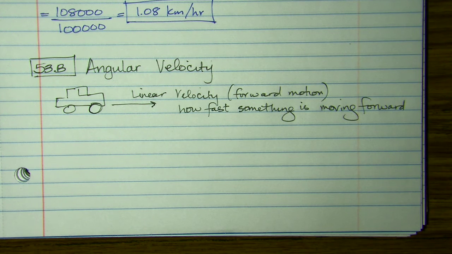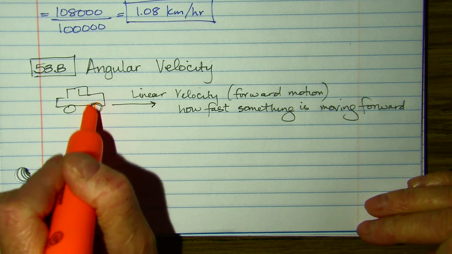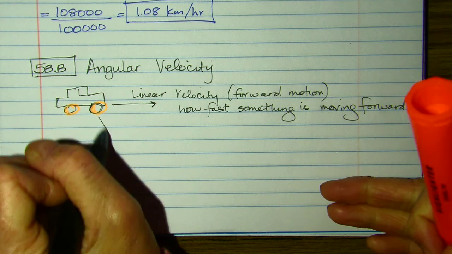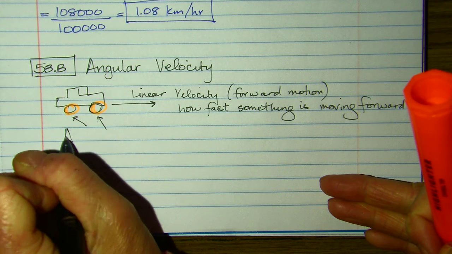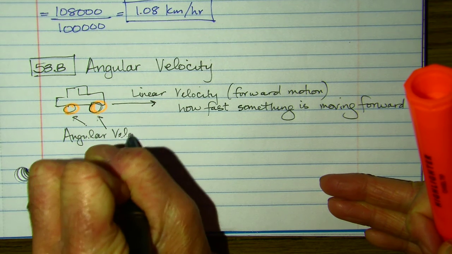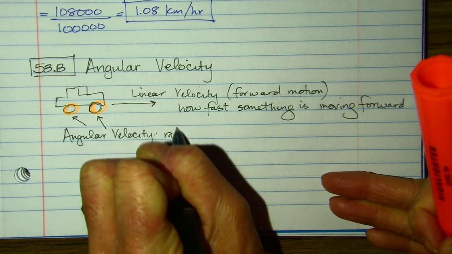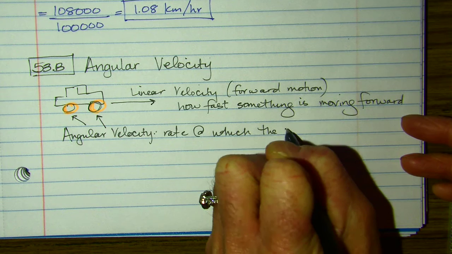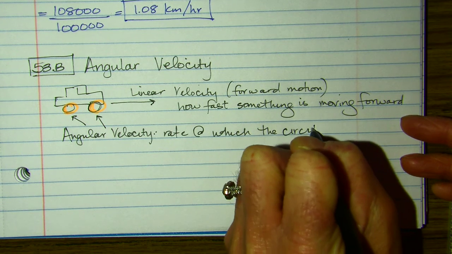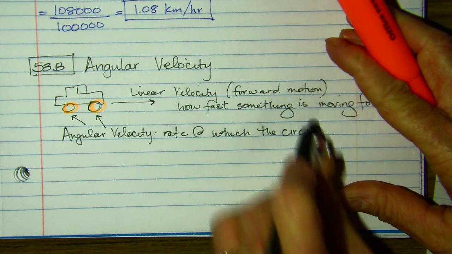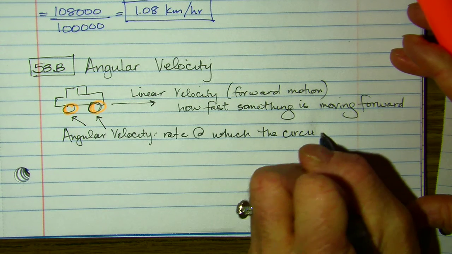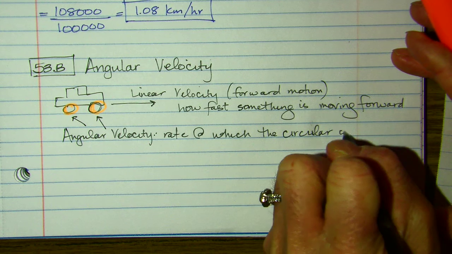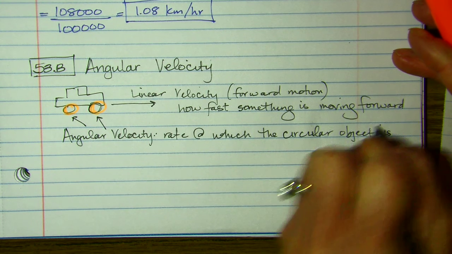Now there are two velocities taking place. The linear velocity is how fast your car is moving forward. The angular velocity is how fast your wheels are spinning. So angular velocity is the rate at which any circular object, in this example the wheels, is rotating.